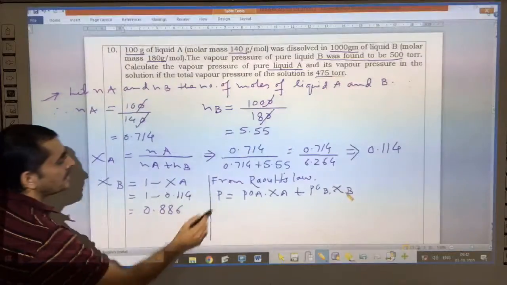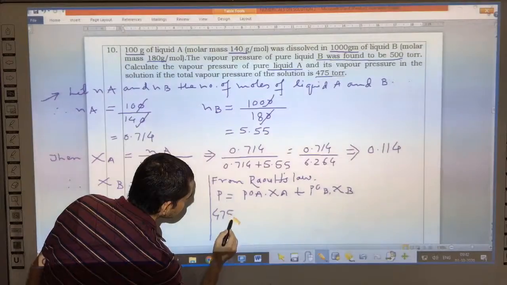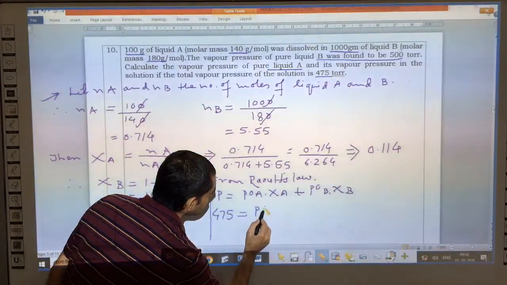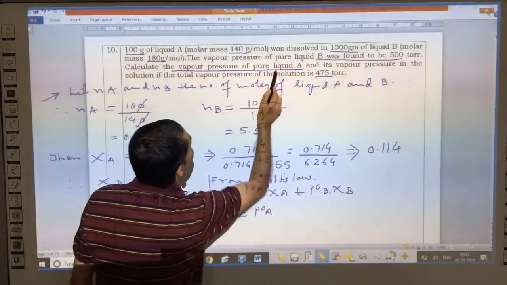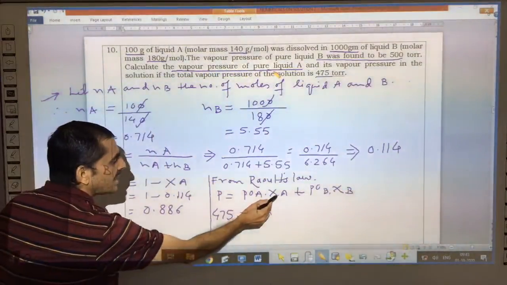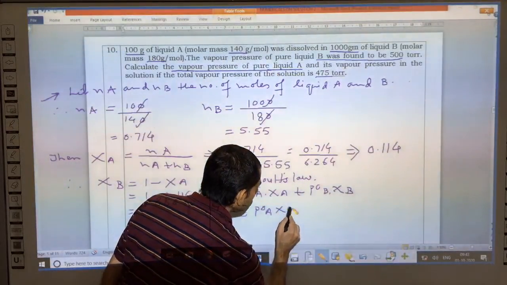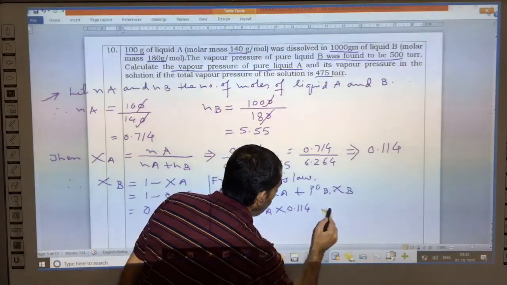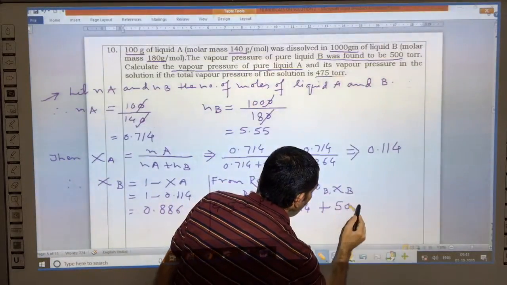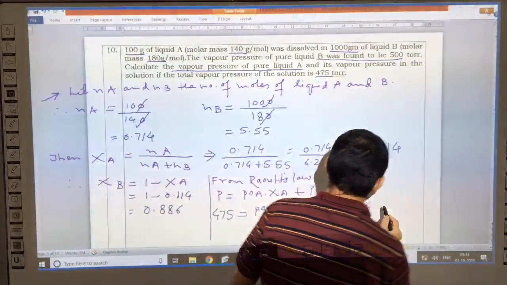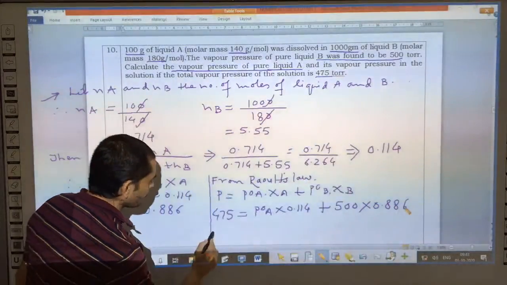P total is given as 475, equal to P naught A multiplied by 0.114 plus P naught B, 500, multiplied by the mole fraction 0.886. Solve it.